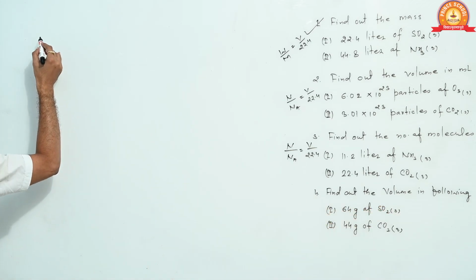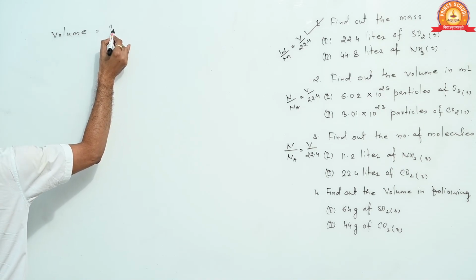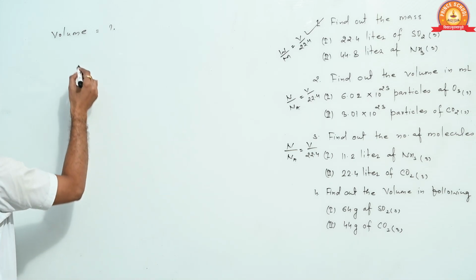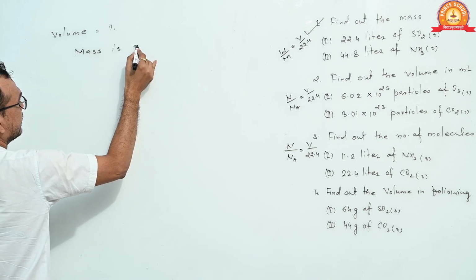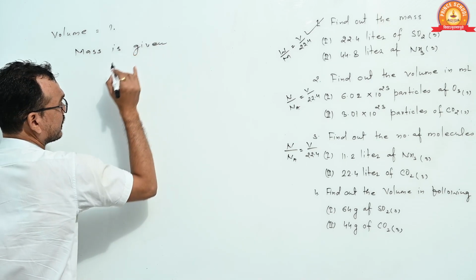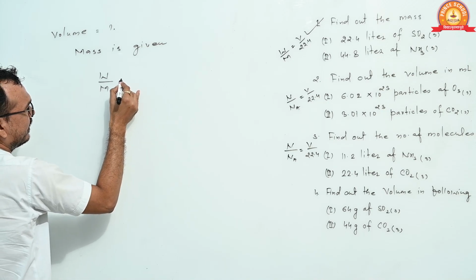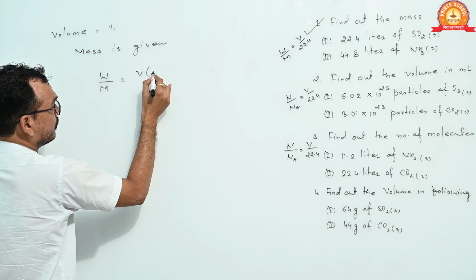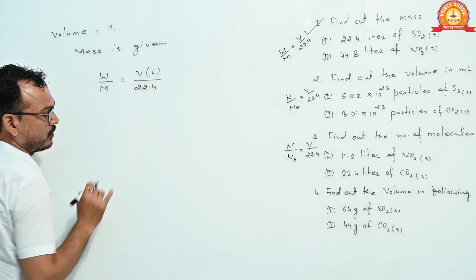And the last one is to find out the volume in the following. अब की बार आपको क्या करना है, वॉल्यूम कैलकुलेट करना है. एंड द मास इज गिवन, and the mass is given. Clear? Then apply W by m is equal to volume in liter divided by 22.4.